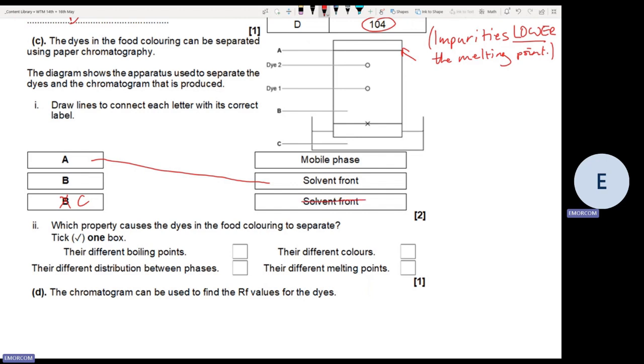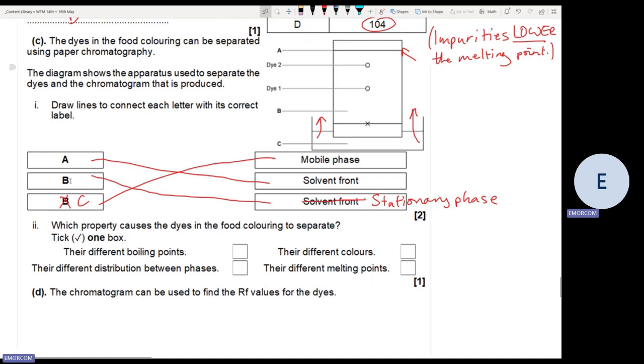So let's make a correction in there and write in stationary phase. And C is the solvent that I'm using, which is also known as the mobile phase, because it's the one that moves through the stationary phase or the paper.